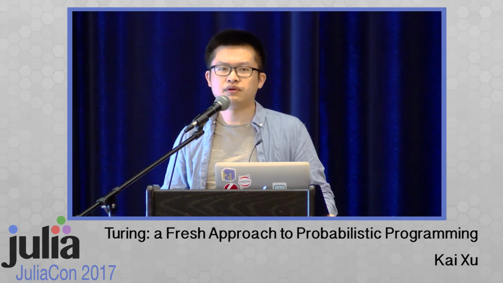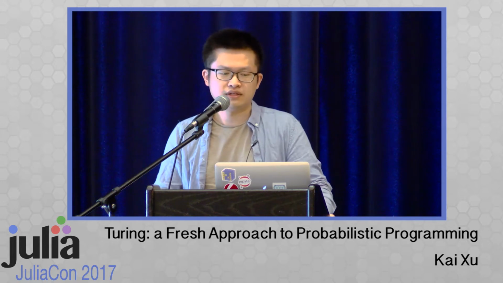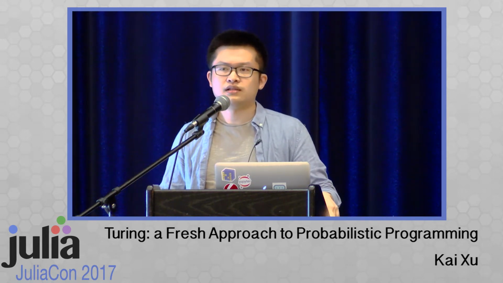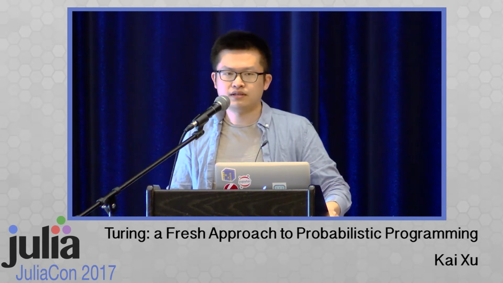There are basically two types of PPLs. One is so-called standalone PPLs. They have their own syntax, their modeling language, and they have their own compiler so that they will translate their model into code to do inference. Examples are BUGS and Stan. The other type of PPLs are so-called embedded PPLs.